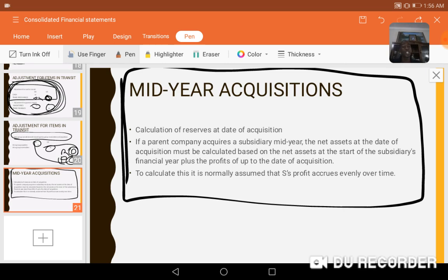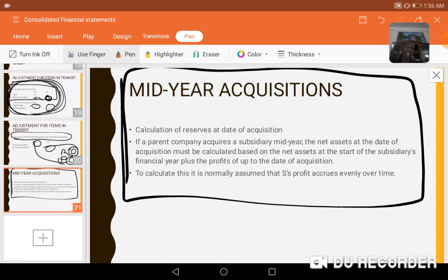Therefore, the other company might still be within its accounting year. So if the parent acquires a subsidiary while the accounting year is still running, it will be called a mid-year acquisition.